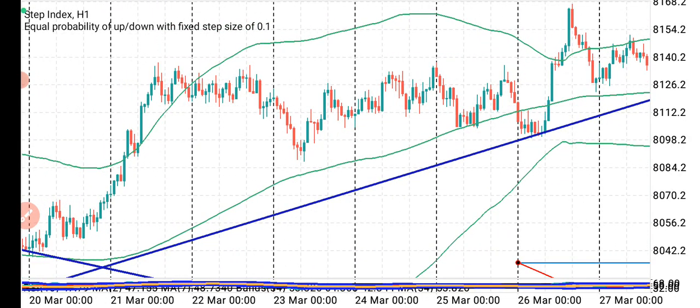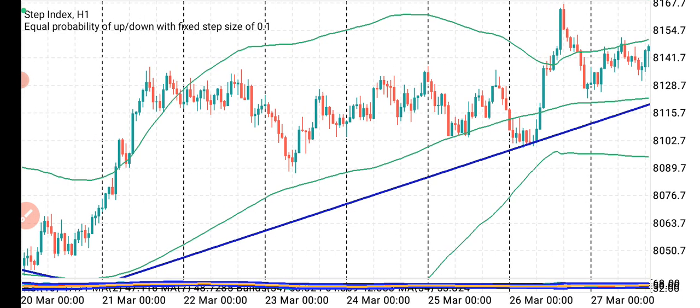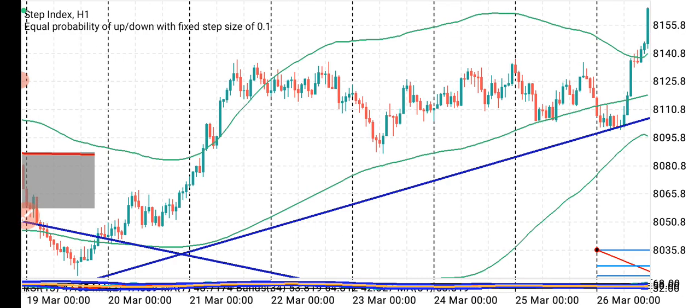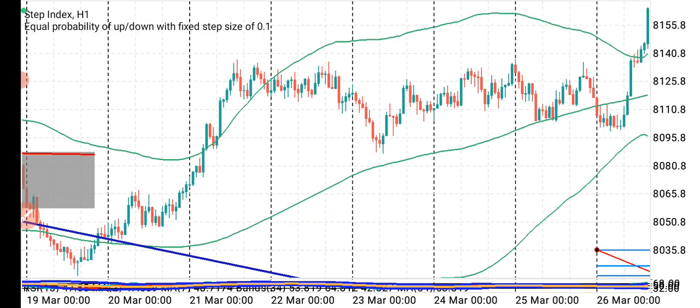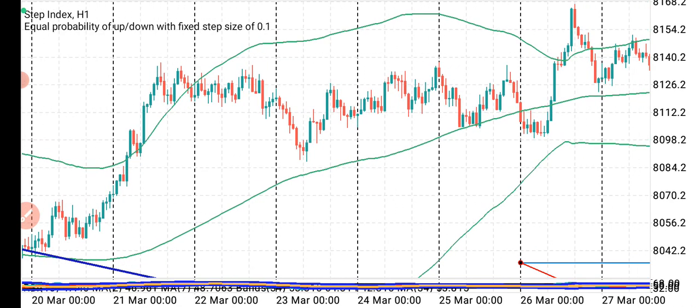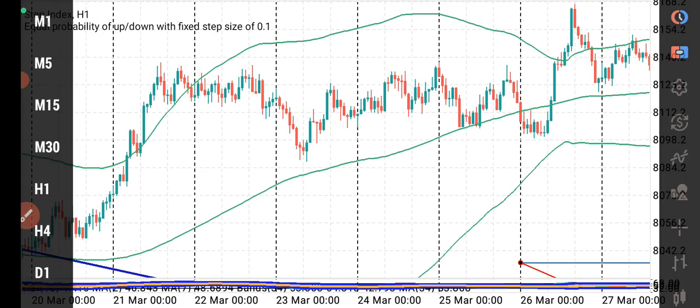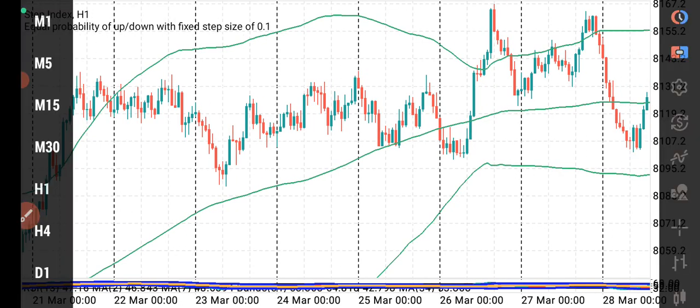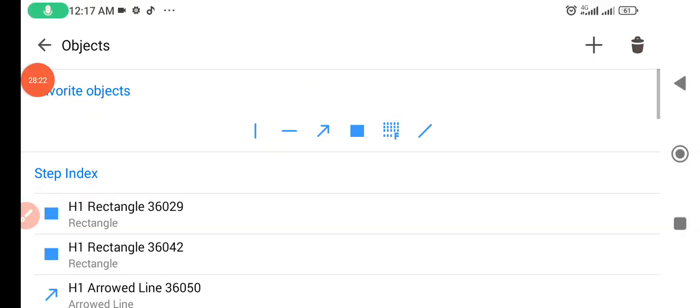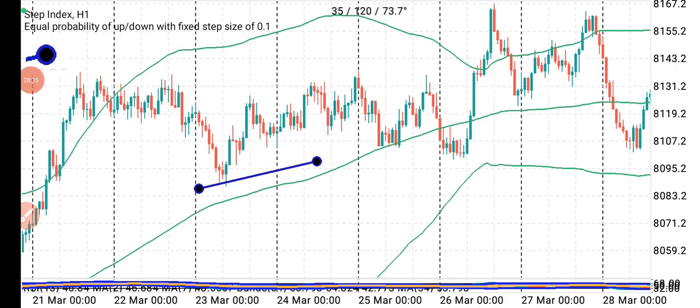And the last but not the least, let us look at this scenario that is happening around this zone. If we have our trend line, we'll be connecting these two points.